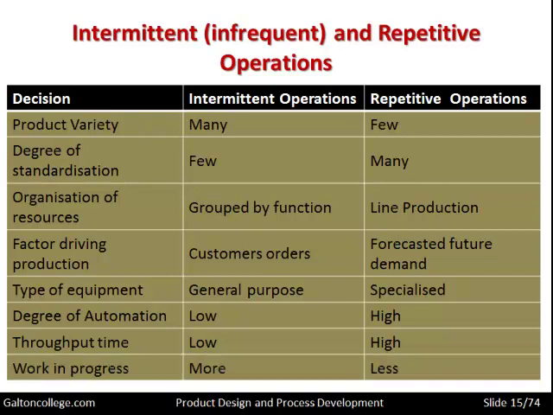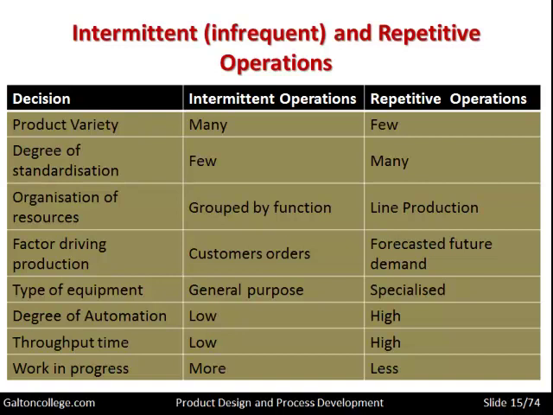Work in progress, well, generally speaking, with intermittent operations, there's more work in progress. The work in progress sometimes happens because the work is put onto machines and partially completed, then put back into the stores while other more pressing jobs are completed by the same machines, then brought back from the stores and completed.